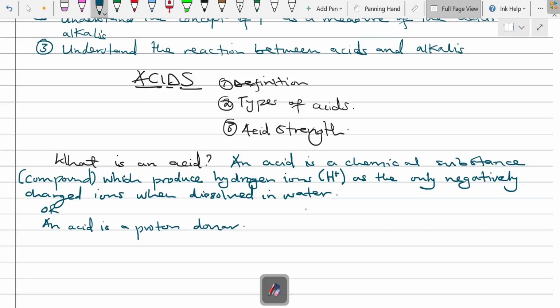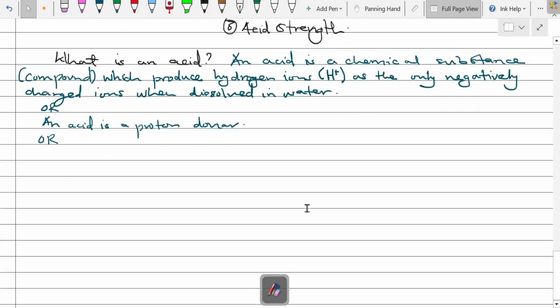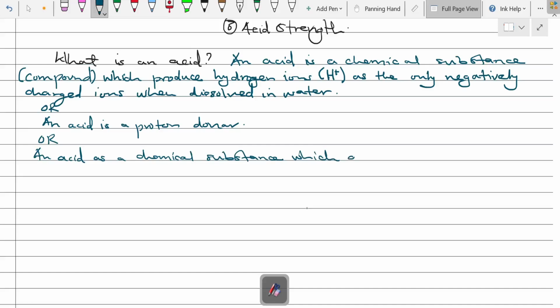Or still, somebody can define an acid as a chemical substance which accepts an electron.